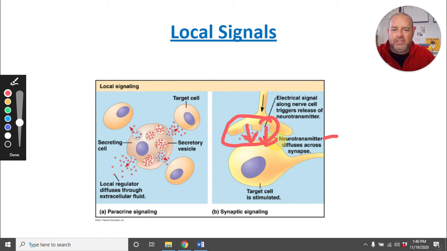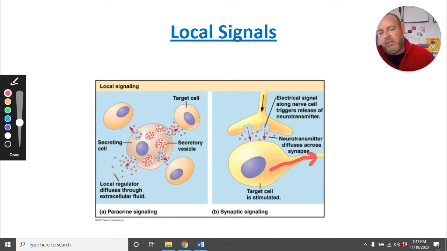The chemicals that cross the synapse, okay? So the synapse is the gap right here between one neuron to another. So the chemicals cross the gap, and then that will stimulate this target cell, and it might just be another neuron, and then another signal will carry on down that one, and so on and so forth. It'll kind of keep going electrical, chemical, all the way down the line.